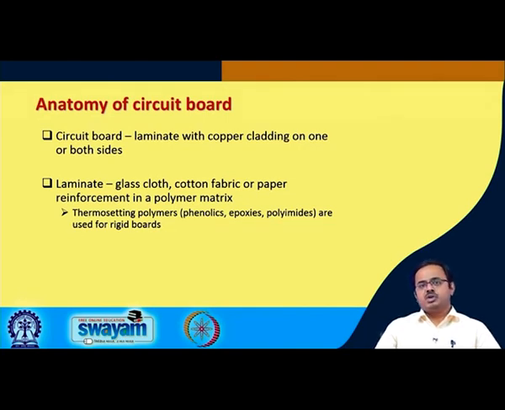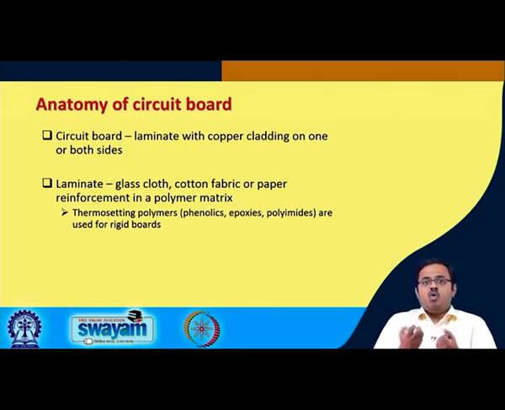Glass cloth is the most common. If you want very rigid and hard boards, thermosetting polymers are used, and I think that is very common these days. The thermosetting polymers are used as the binder.